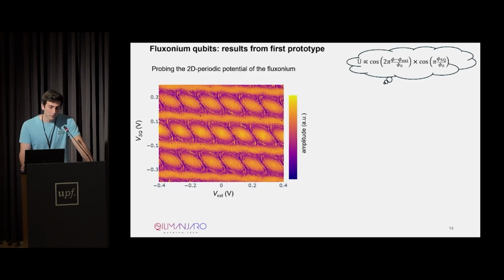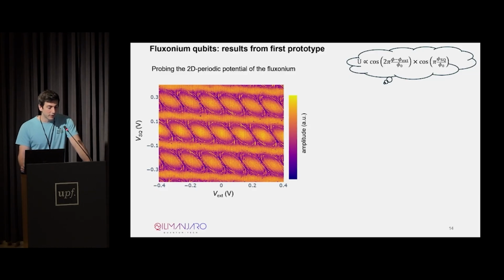Okay. So the first thing we do when we want to test one of our devices is to probe the two-dimensional periodic potential of the Fluxonium, which I also report here as a reminder. The potential is proportional to two cosine terms, one cosine in the external variable and another oscillating term in the squid variable.